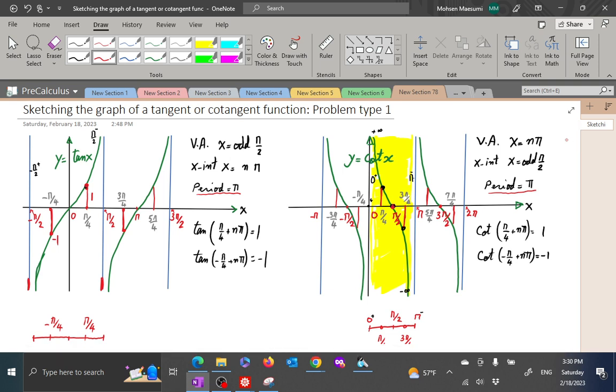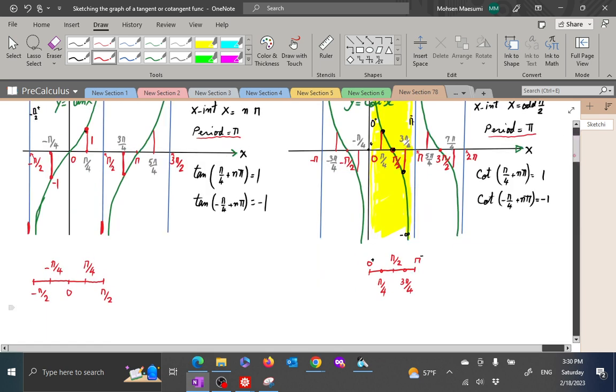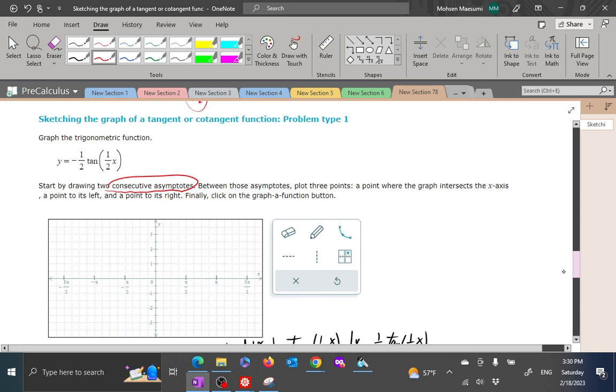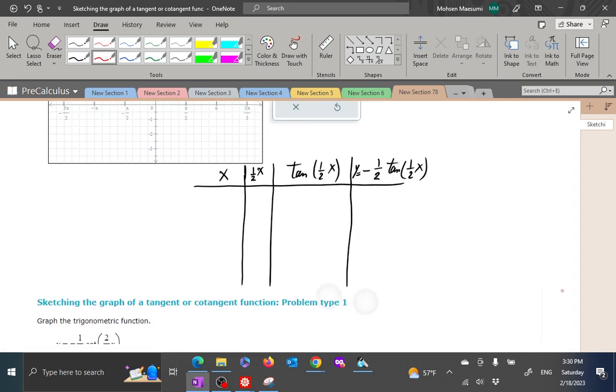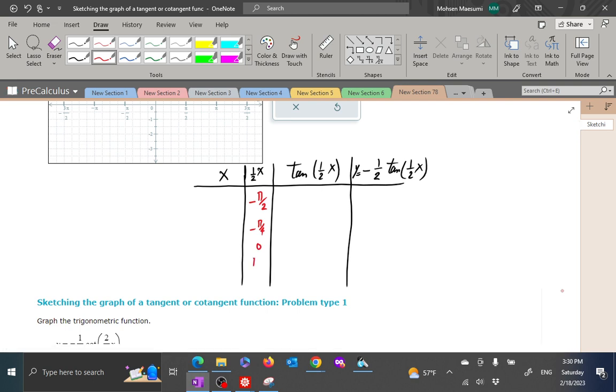It's from minus pi over 2 to pi over 2, and we have these 5 points to track: minus pi over 2, minus pi over 4, 0, pi over 4, and pi over 2. These are what we are tracking, tangent of these things.